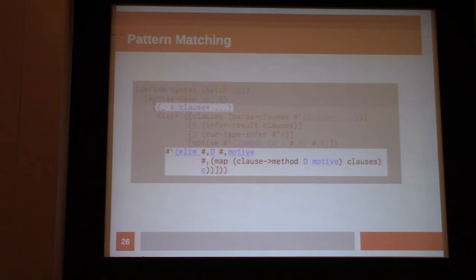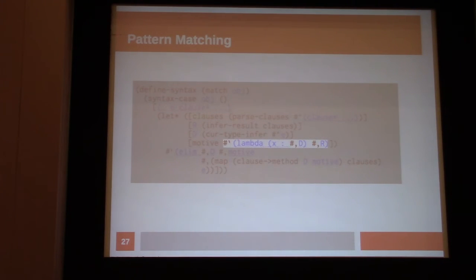And this hash comma here is just a way of escaping the syntax object and computing part of it. So we can imagine that hash tick and hash comma form a templating system for syntax objects. So we're going to say that we have some type D that we need to declare that we're folding over. We have some motive, and then we're going to take all of these clauses and turn them into methods. And then we're folding over this term E from the syntax of the match.